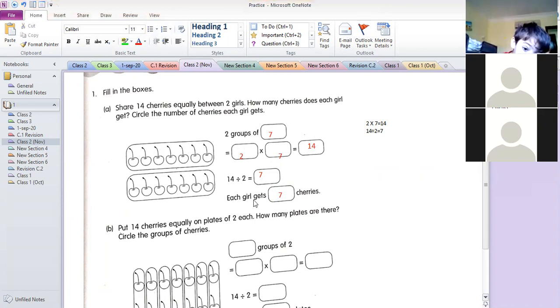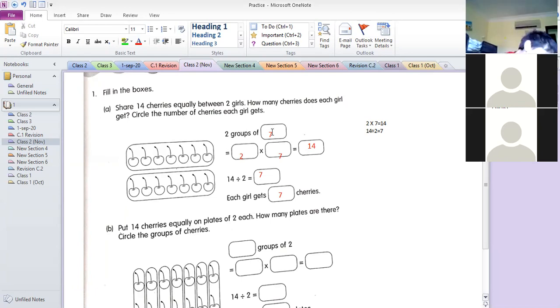Okay. Let me ask randomly to the students. Muhammad Ashraf. Yes, sir. There are total 14 cherries, right? So that means there are two groups of dash.